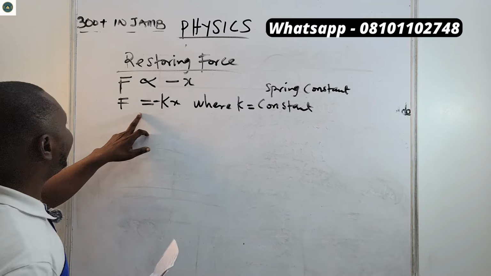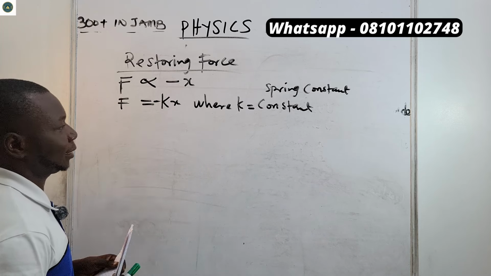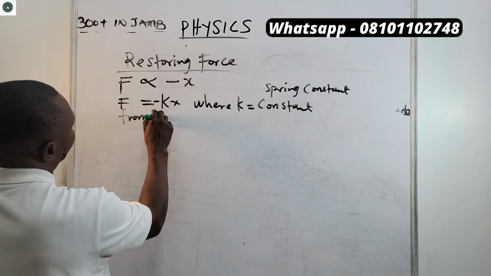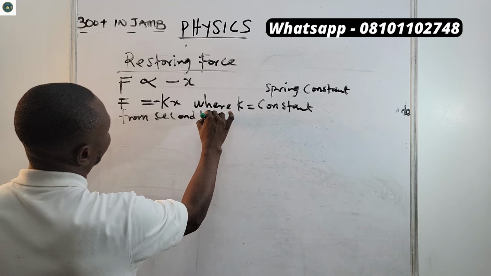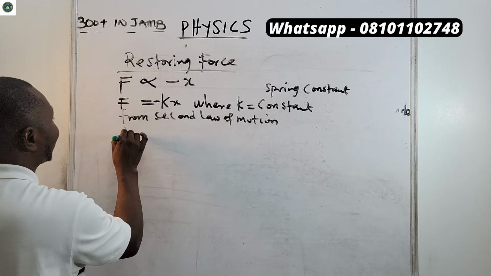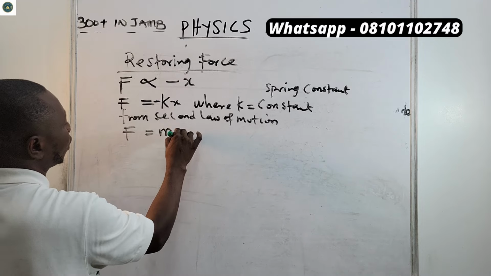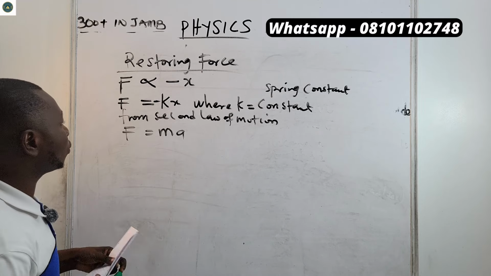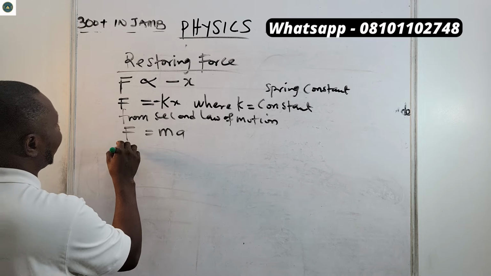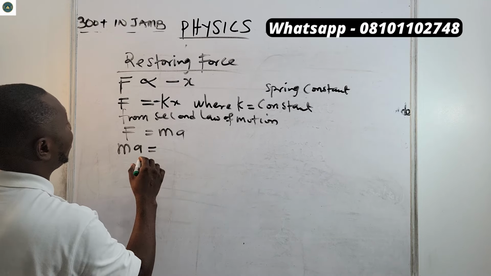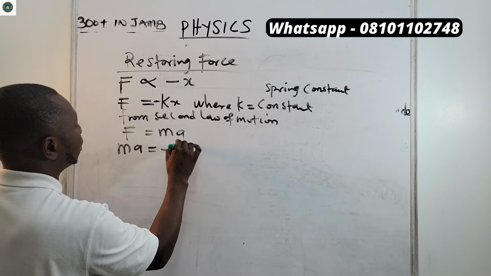Now, if F equals minus Kx, from the second law of motion, we know that F is equal to what? Ma. Now, if F equals ma, definitely ma is equal to minus what?